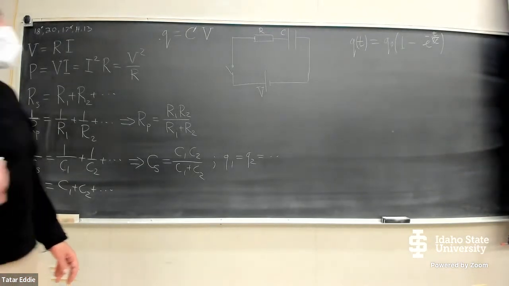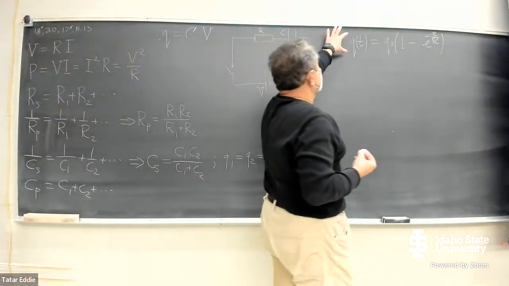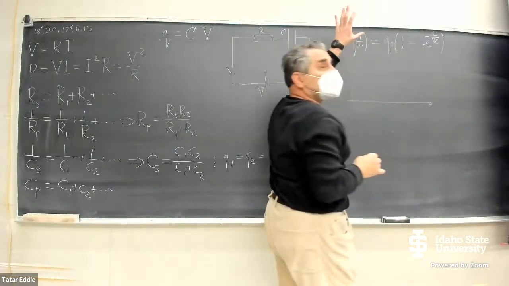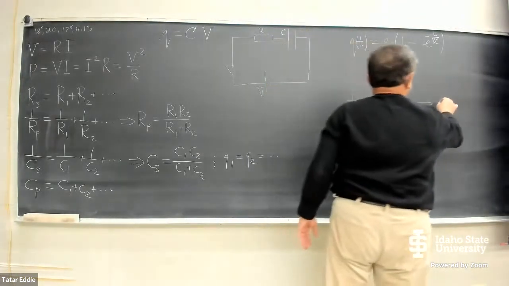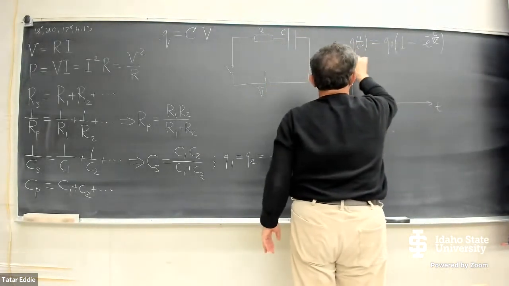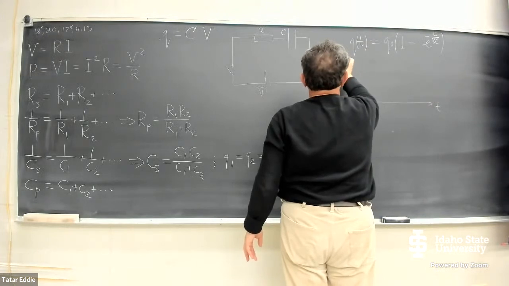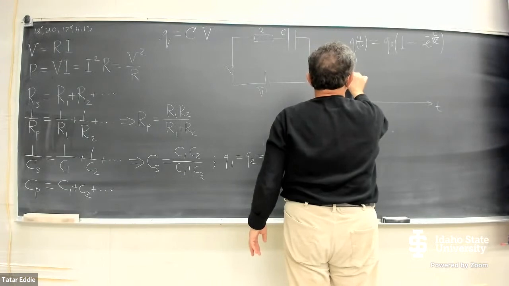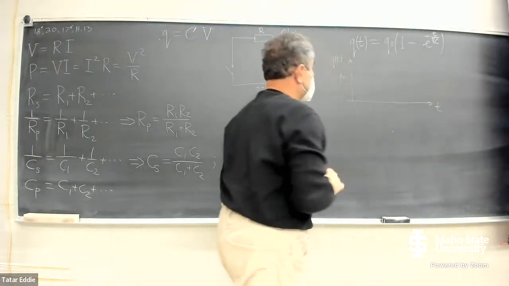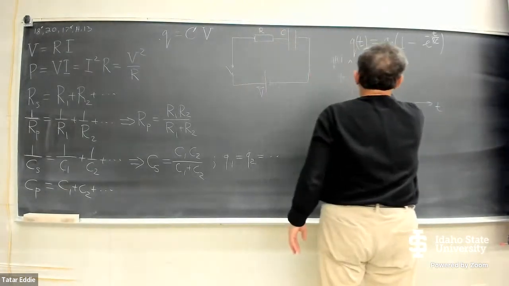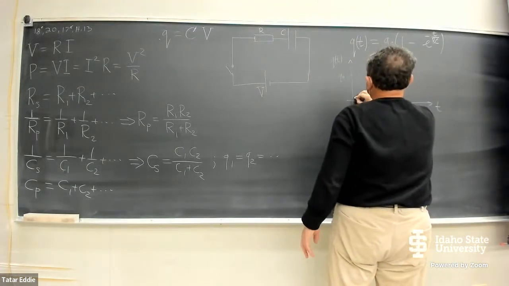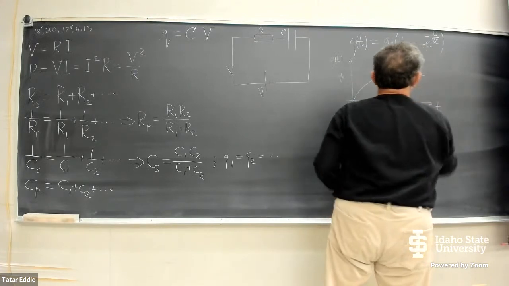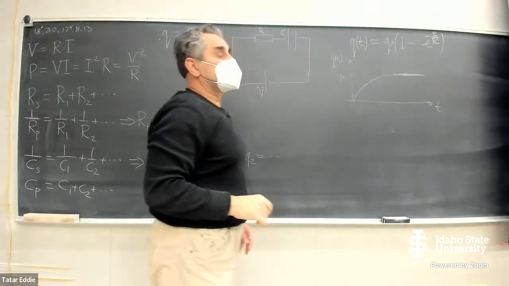But look, if you draw a graph representing the function given with this equation, where the horizontal axis is time and the vertical axis is the charge as a function of time, and Q naught is somewhere here, the function looks like an exponentially increasing function that reaches a maximum value equal to Q naught.